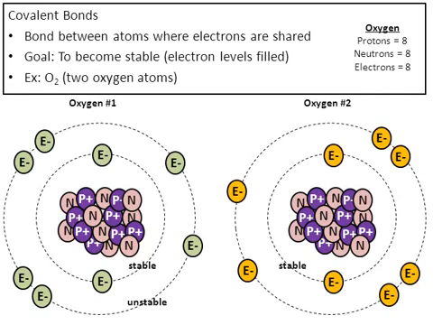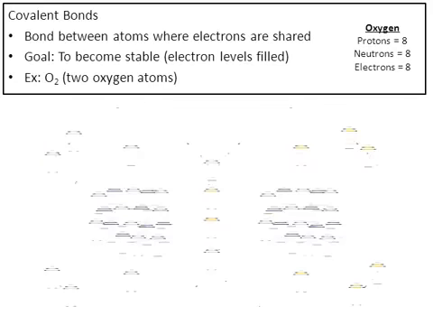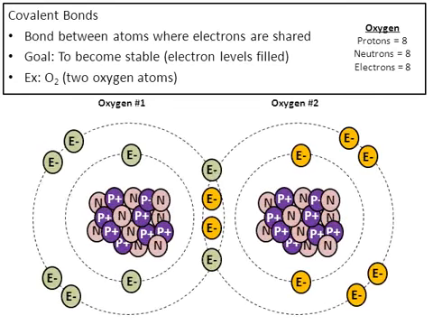The first level is stable, it's filled. The second level is unstable, it's not filled. It doesn't have 8 electrons, it only has 6. So what's going to happen when these 2 atoms are both unstable? Well, in this case, they're going to form a covalent bond. They're going to overlap their electron levels and share their electrons.